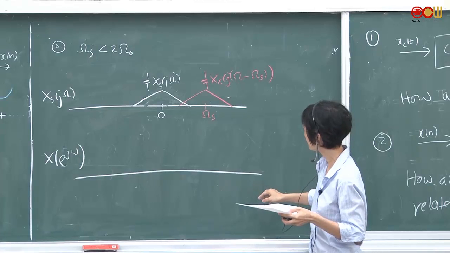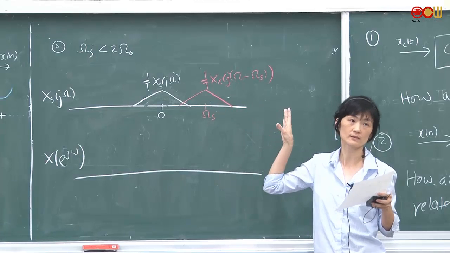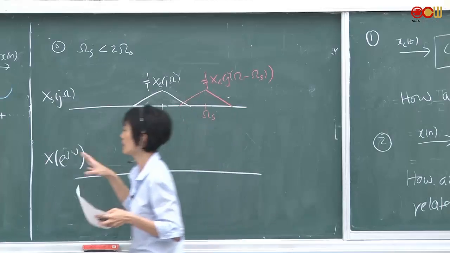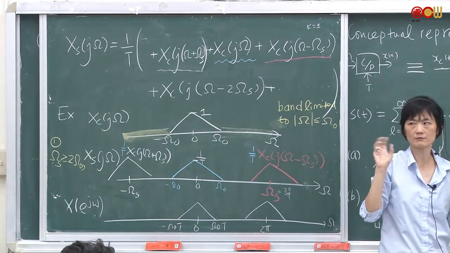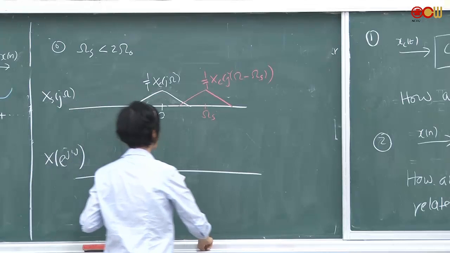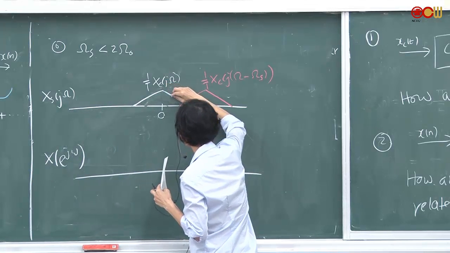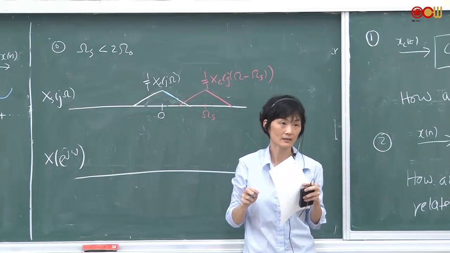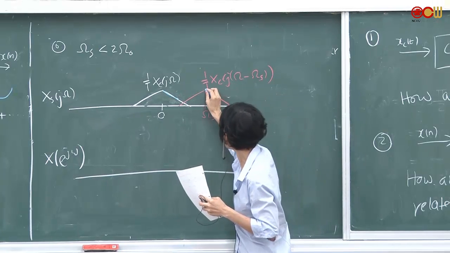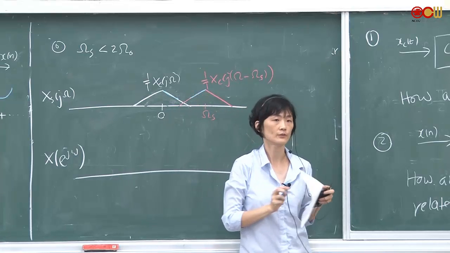Remember Xs is a summation of all these different copies, so all these copies will get added up. Then what do we have? From here to here, we still get the original value of Xc, with the scalar. And here we also get the original value of Xc.